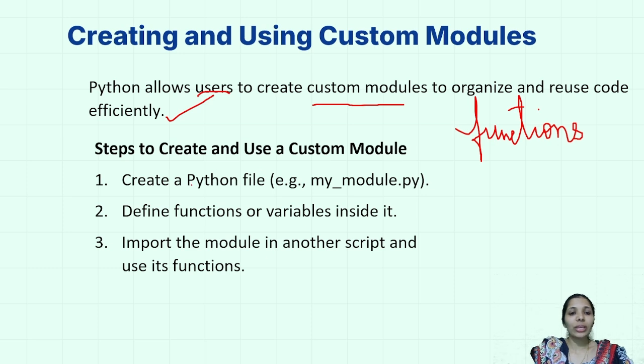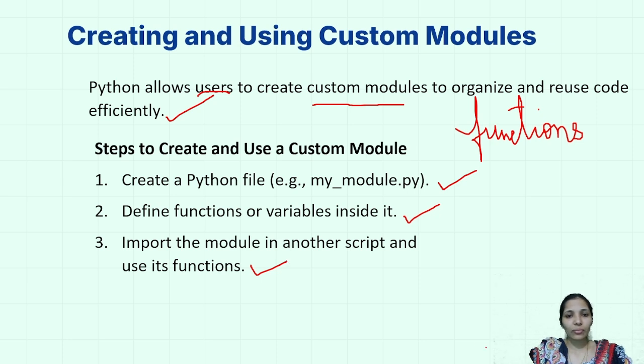First, we need to create a Python file with the .py extension, then define the functions or variables inside this Python file, and then import that module in another script and use its functions. These are the main important steps that have to be followed while creating a custom module.